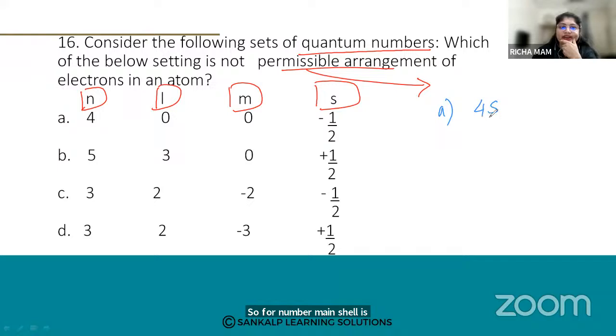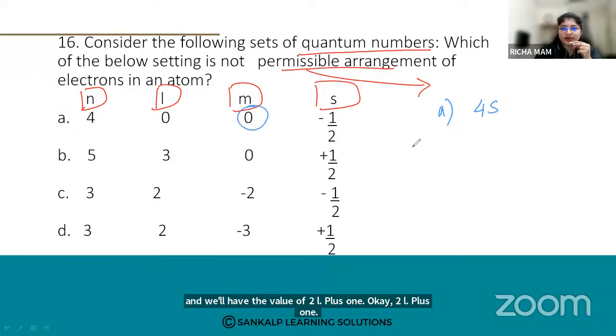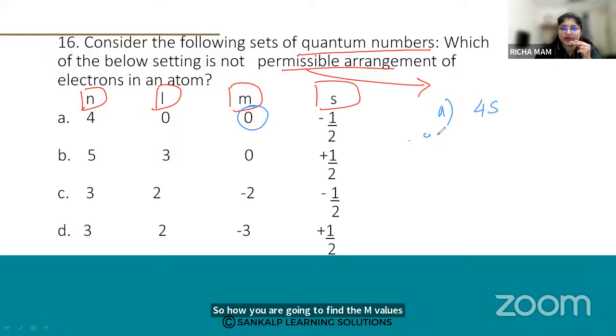M will have the number of values given by 2L plus 1. So how are you going to find the M values? 2L plus 1, so 2 into 0 plus 1. So it will be 1 value, so 0 is possible.